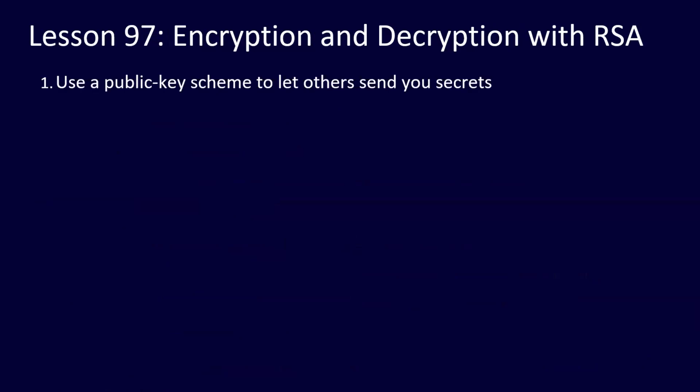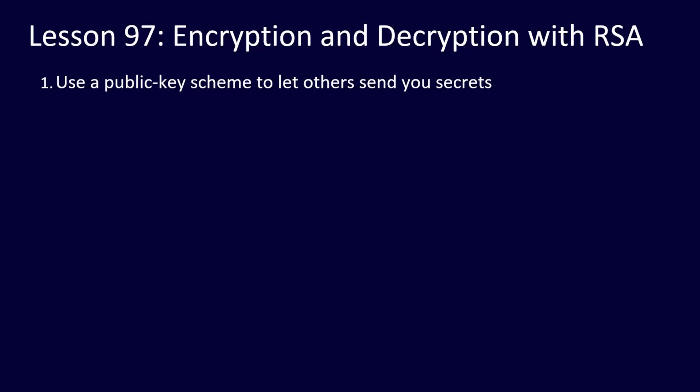Okay, so let's continue. Use a public key scheme to let others send you secrets. The basic scheme is you make your public key, which you calculated last time, public. You publish it, and other people can see it, and they will use it to encrypt any message they want to send to you.